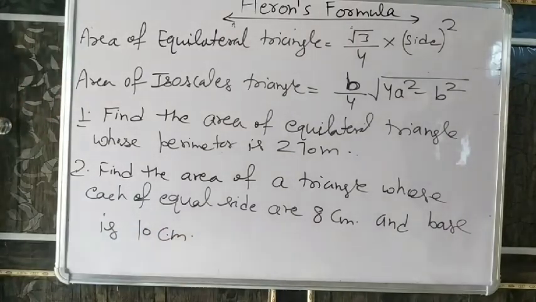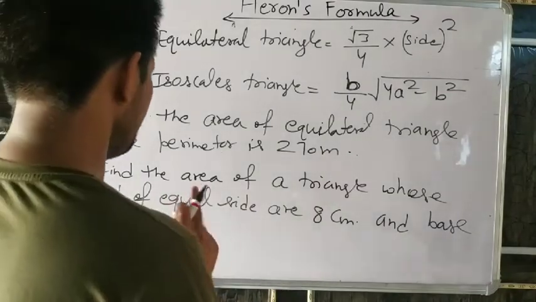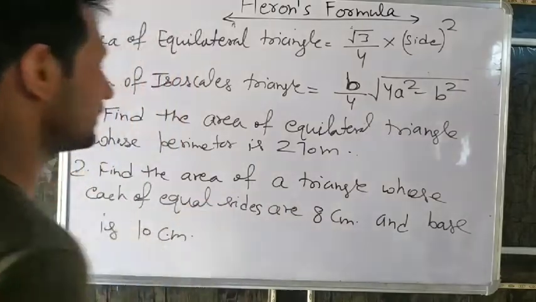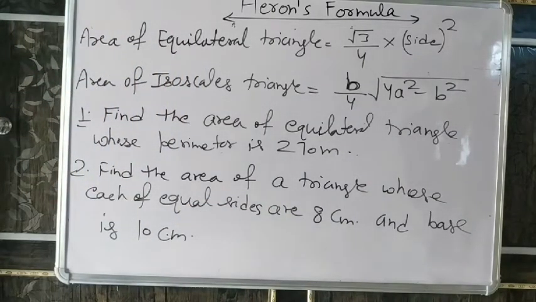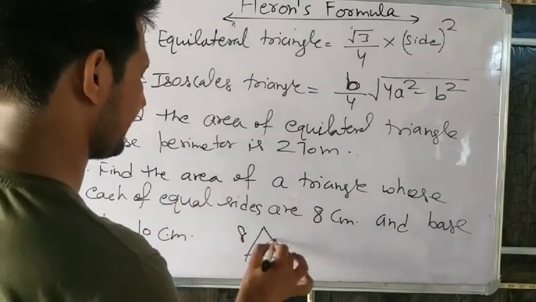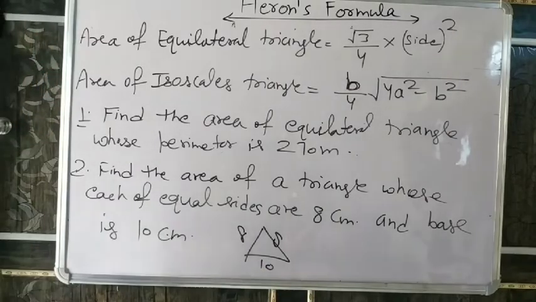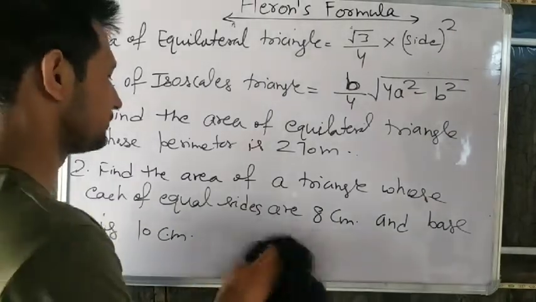Find the area of a triangle whose each of the equal sides is 8 centimeter and base is 10. It means two equal sides, each 8, and base is 10. Find its area. Understand?